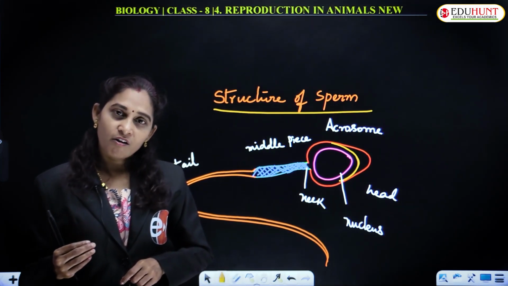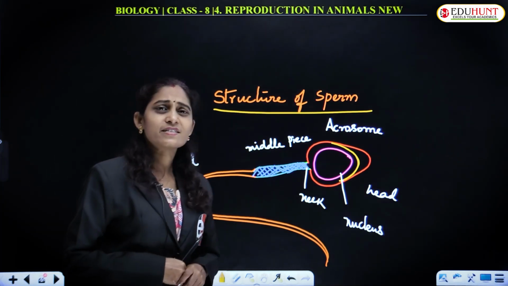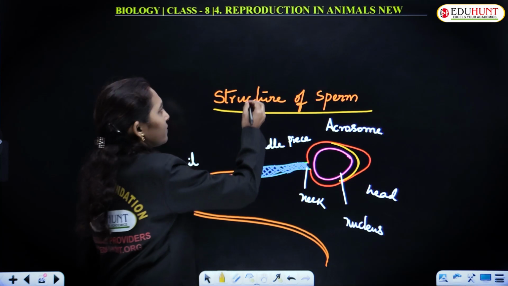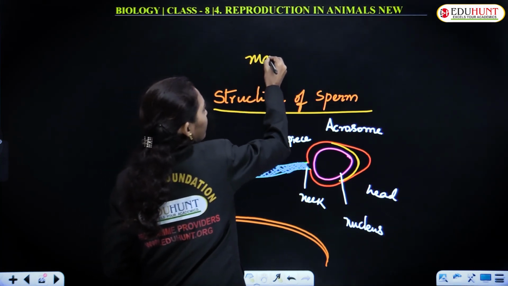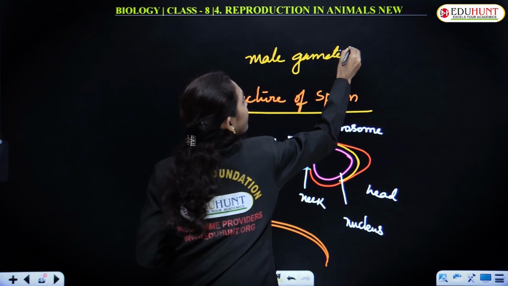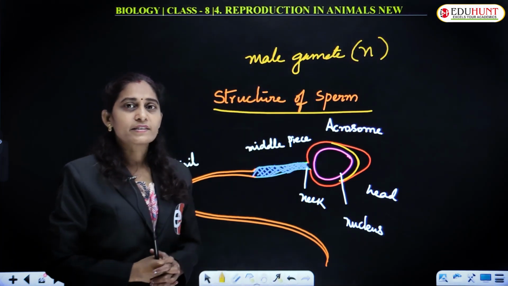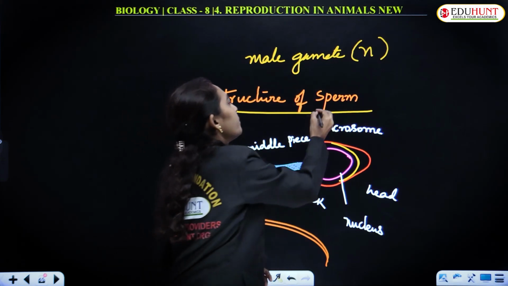Female gamete is ovum. Let's see the male gamete, which is haploid, called sperm.